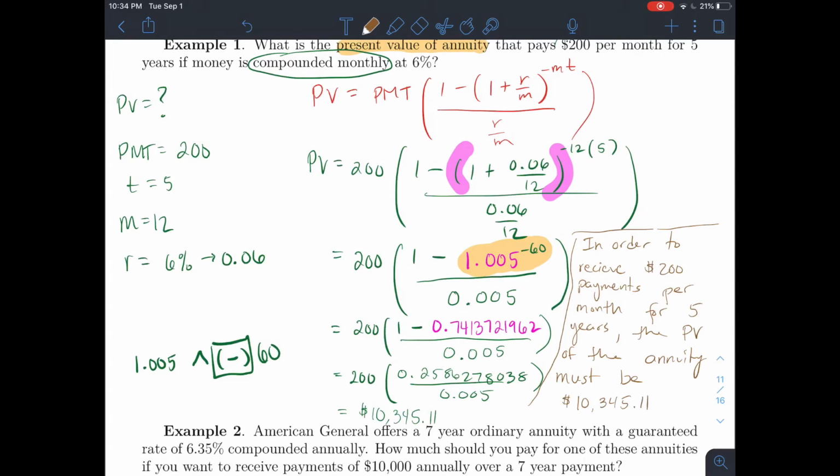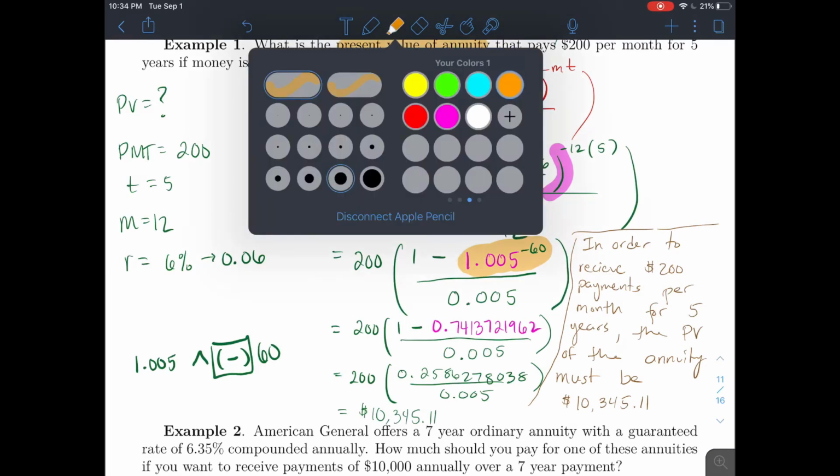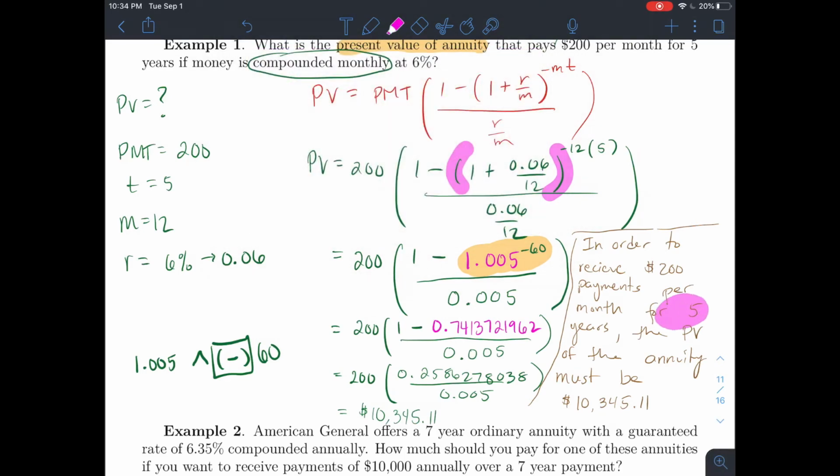Okay, so again, think of this as some kind of retirement. Over a course of 5 years, you're going to be able to pay yourself $200 per month, provided that you saved up that amount of money in this particular account.